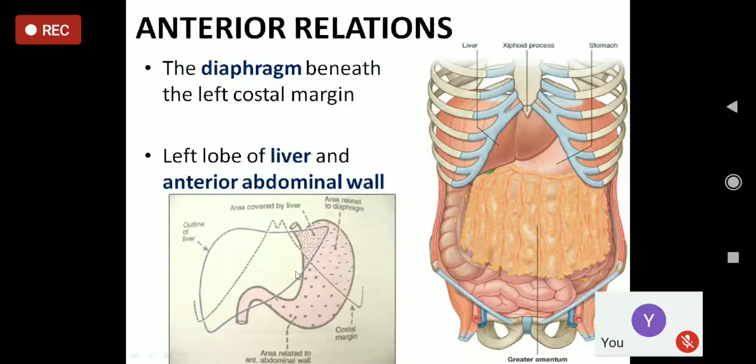Now, the gastric triangle is bounded on its right side by the inferior border of the liver, on its left side by the left costal margin, and on its inferior part by the transverse colon. So this triangular area among these three structures is known as the gastric triangle, and it is directly related with the anterior abdominal wall.